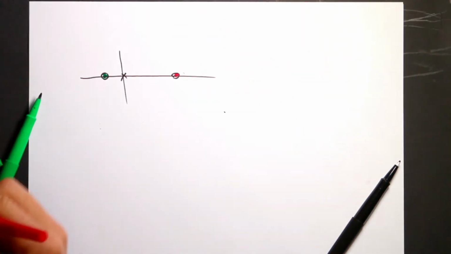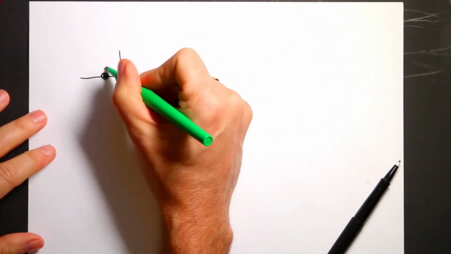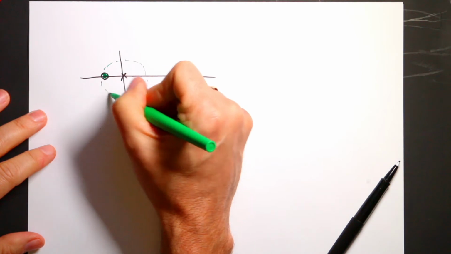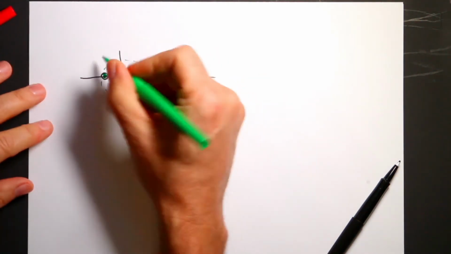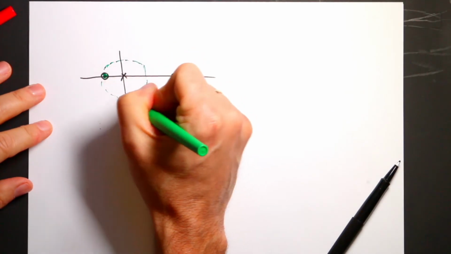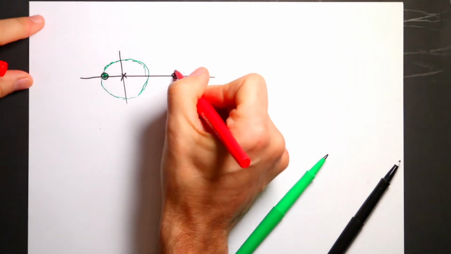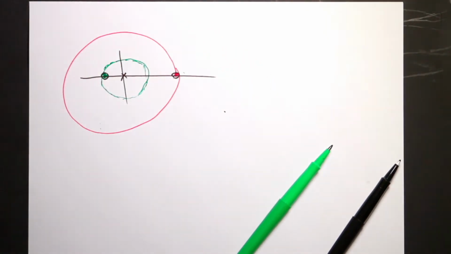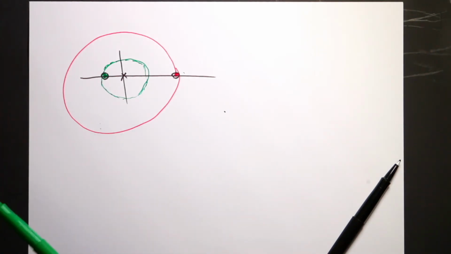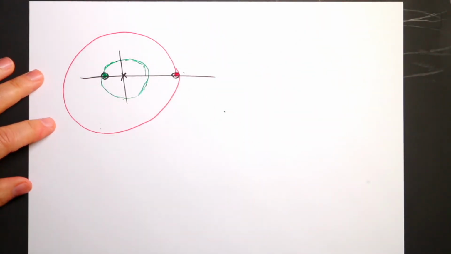If you have these in a stable orbit, it turns out that this will orbit the center of mass. Now I know you're thinking, that doesn't seem legit, but I'm going to show you it's legit. It's actually too legit to quit. Let's just draw it like that. And then the red one will also orbit the center of mass. So they'll both have circular orbits like that. And again, you may say, no, that's not true. Okay, let's set it up and then we'll model it and I'll show you that it's true.